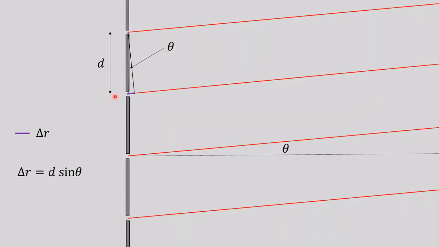And we found that the path length difference for the waves from adjacent slits, all meeting at that one point at the screen, can be expressed in terms of the angle at which you're looking on the screen and the slit separation. You can see it in the diagram here, that delta R is going to be the same for each adjacent pair.